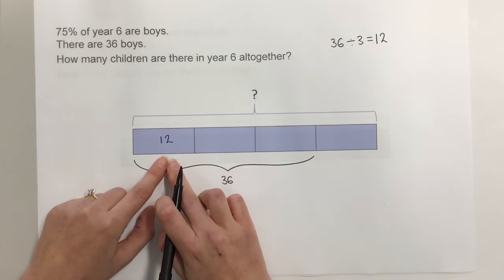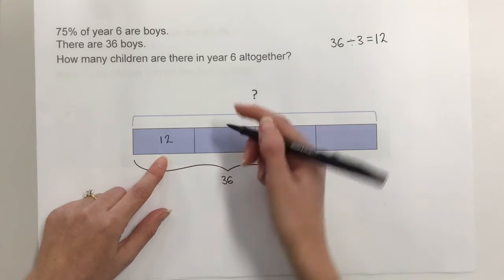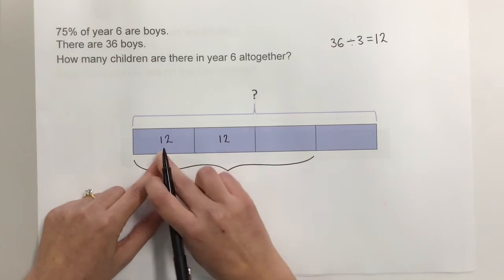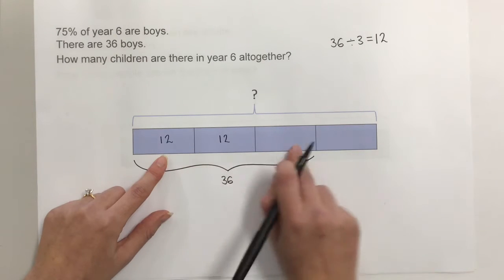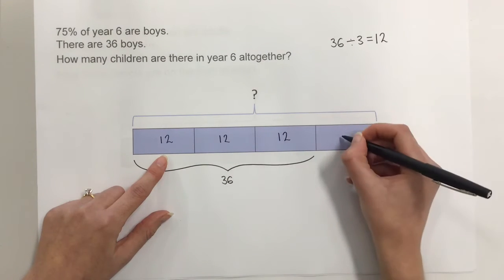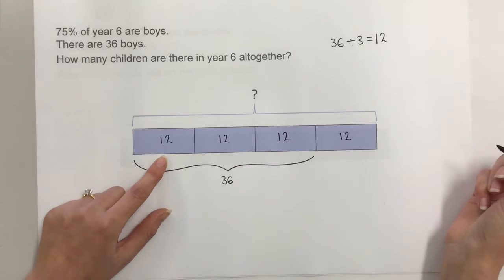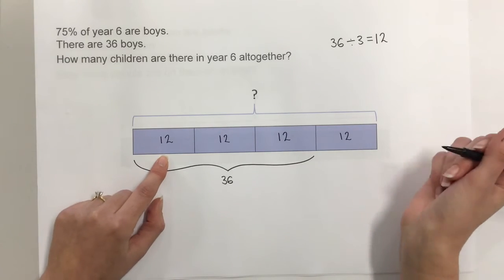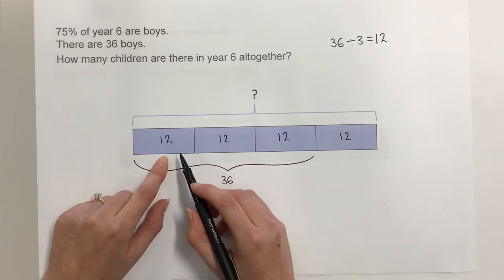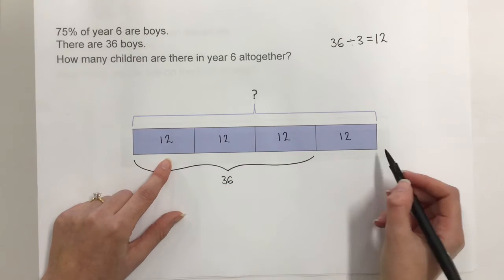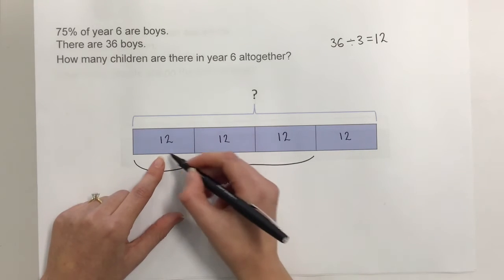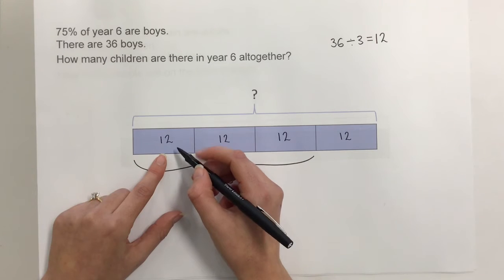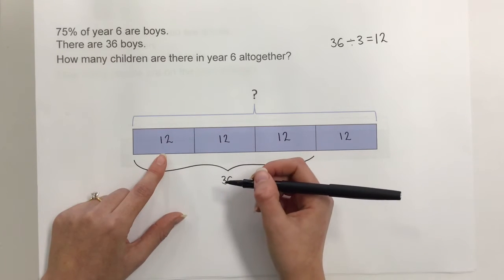So I know that 1 of my quarters is equivalent to 12. If 1/4 is 12, then each of my sections is 12. So 1/4 of the children in the year group, there are 12.